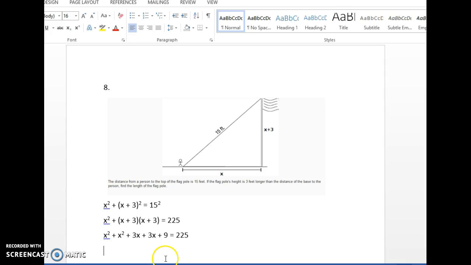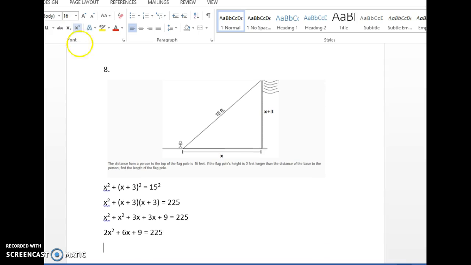So now combining like terms, x squared plus x squared is 2x squared. 3x plus 3x is 6x. And plus 9 equals 225. So now if I subtract 225 from each side, I get 9 take away 225 is negative 216.